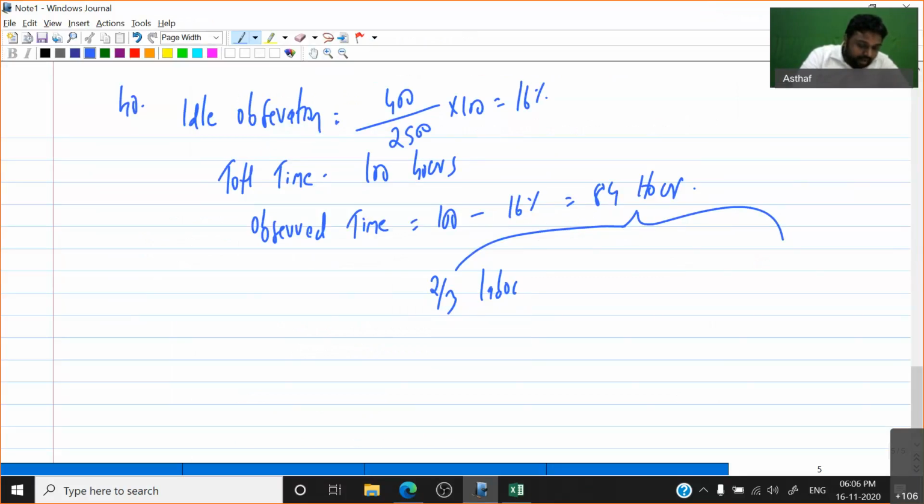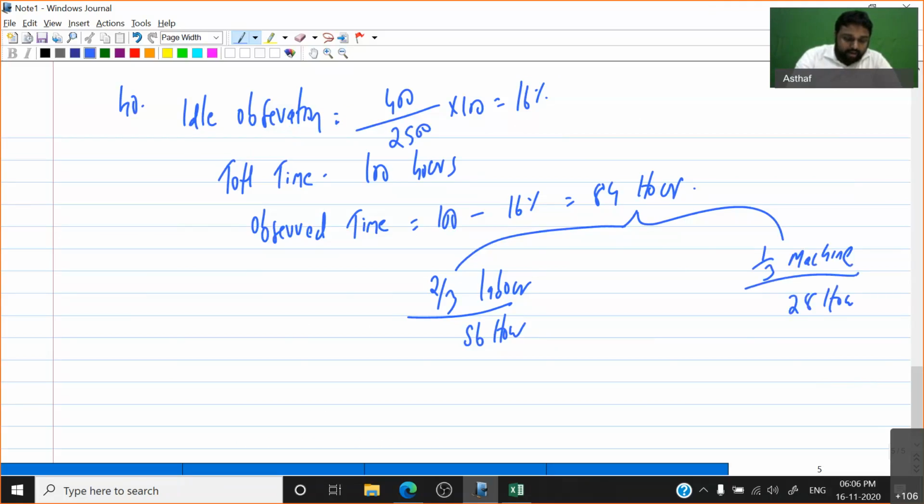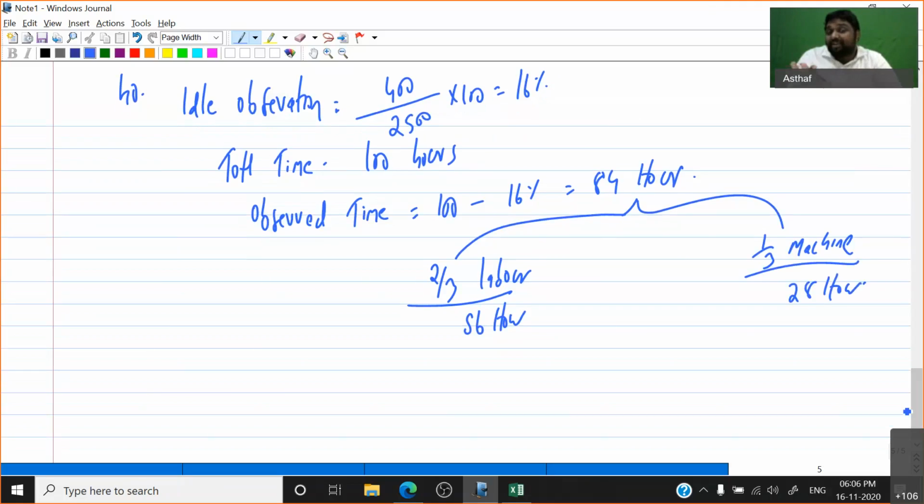The performance rating, allowance, everything will apply to labor. In your house, there are 2 fans, both will perform at the same level. But in your machine, 2 servants will not perform at the same level. That is the difference. So 84 into 2/3, what will come? 56 hours. 1/3 is machine, which is 28 hours. So the performance elements, everything will apply only to labor time.